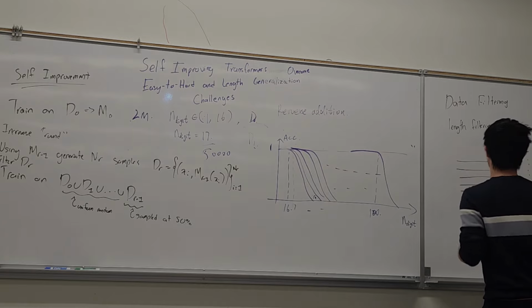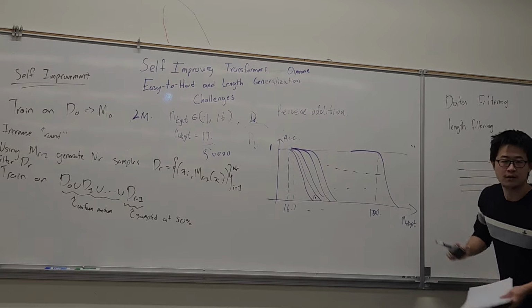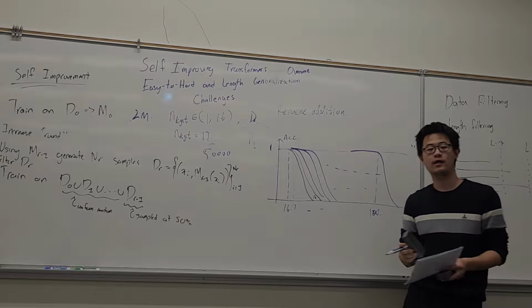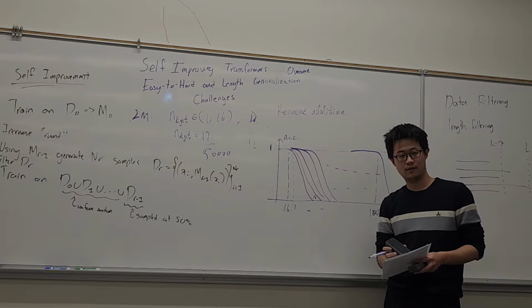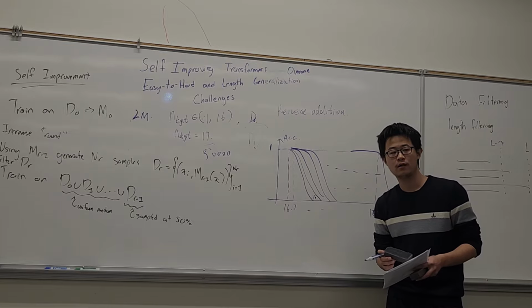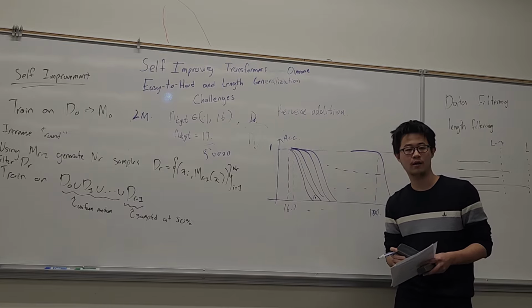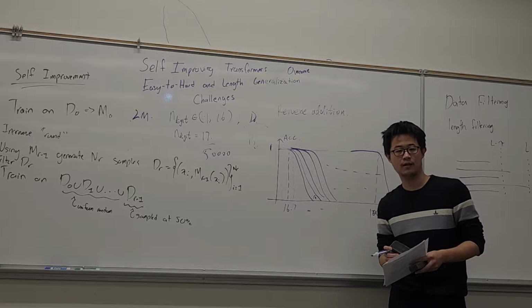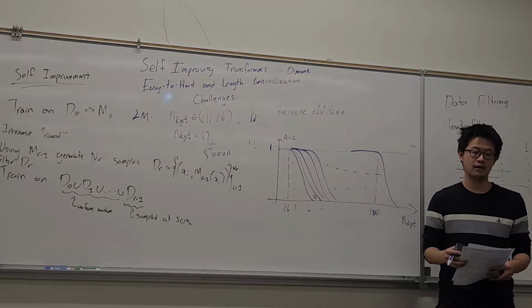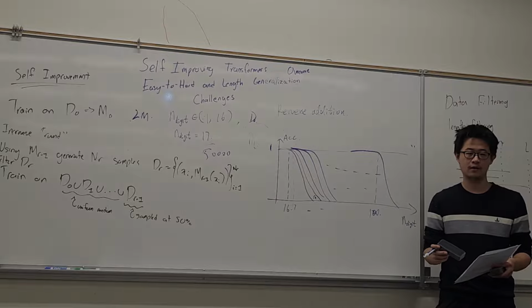Sorry, if they reach 100% on the training set, does that mean they are measuring the representability of the problem or something like that? It means that the transformer they are using is representative enough. Yeah, it seems as if on these problems, yes.